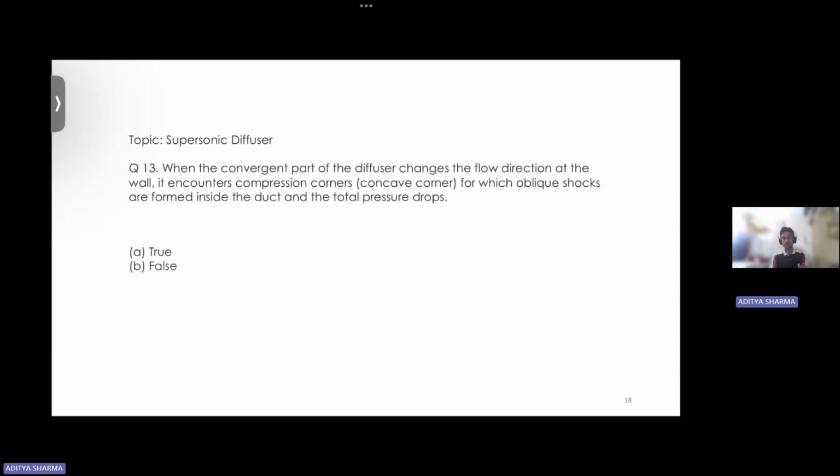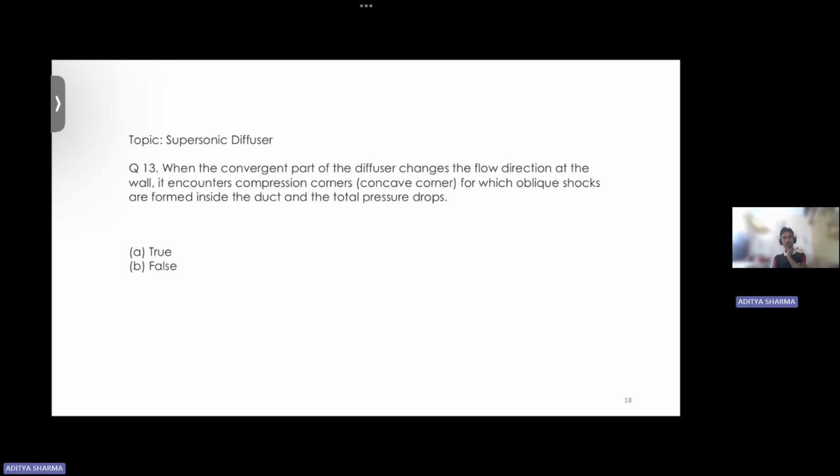But does that happen in the convergent part of a supersonic diffuser, where we have this concave corner that leads to oblique shocks? We also know that with concave corners the flow moves towards itself and we get oblique shocks, right?